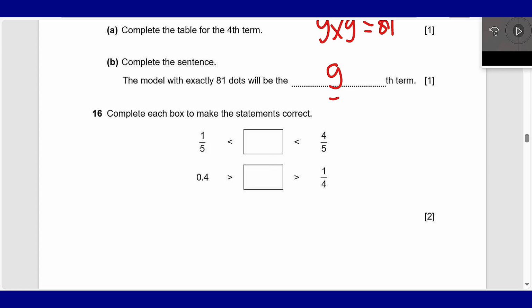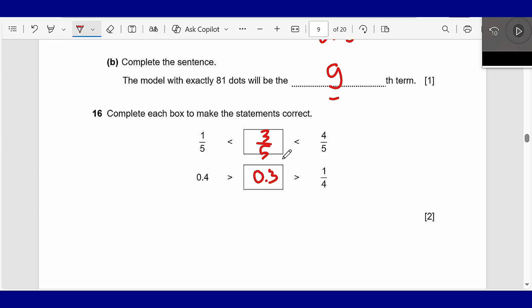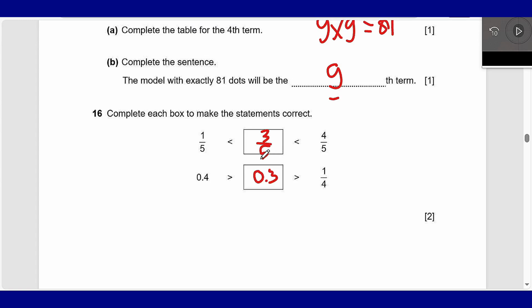So this, for example, 3 over 5, is just an example of a correct answer. So what is the explanation? So this is less than, and then this is 5 and 5, so 1/5 is less than a number, and then less than 4/5. We just take any number between 1 and 4, that may be 2/5, 3/5.